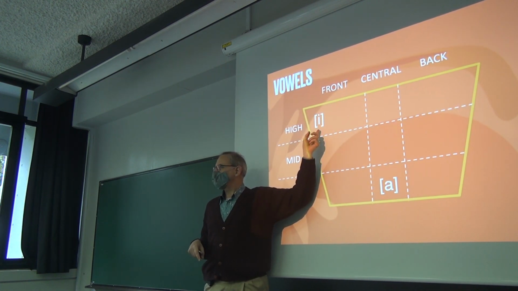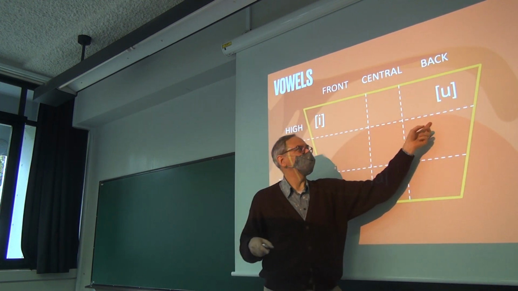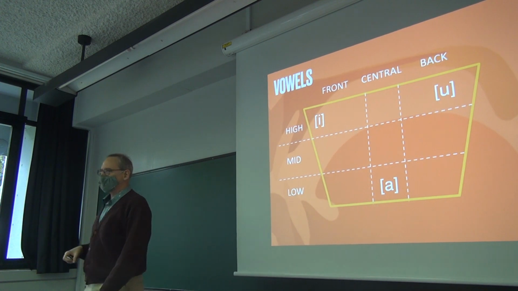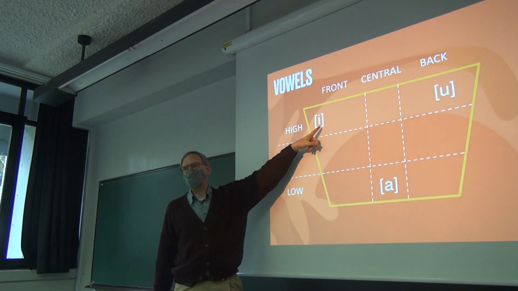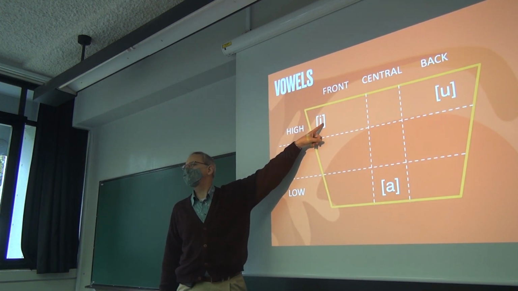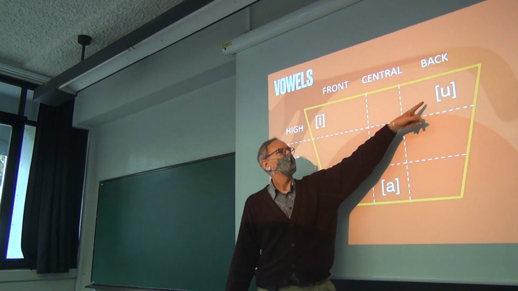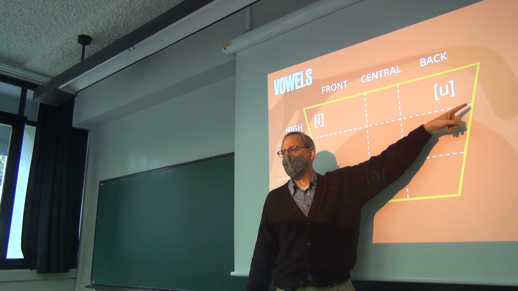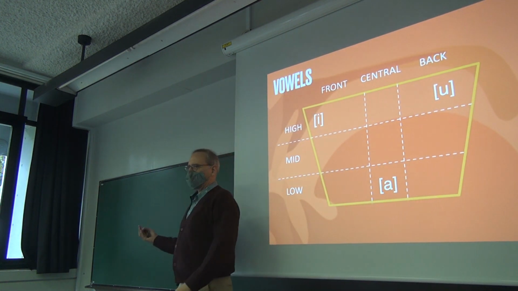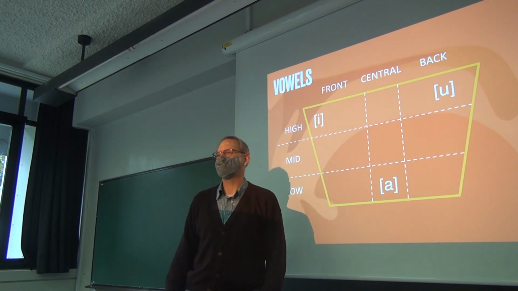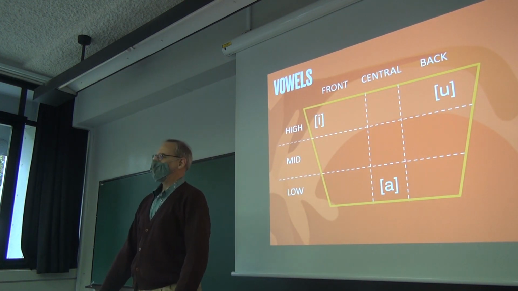In fact, e is towards the front, oo is towards the back. So we're going to call this a high front vowel, a low central vowel, a high back vowel. I have ah, I have e, I have oo. Fine choice. How is it produced?